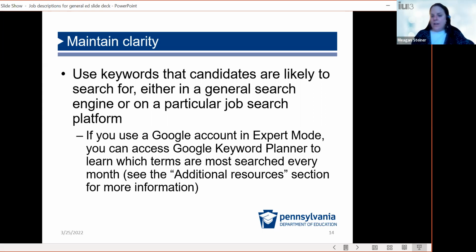But if you do that, you can access the Google Keyword Planner to learn which terms are most searched every month. So if I want to know, is a certain term that I think a social studies teacher may put into Google when they're searching for a social studies position, was that a common term in April when a lot of people are looking for teaching jobs? You can use that. And again, there's some more information about that in the additional resources section of the note-taking document.